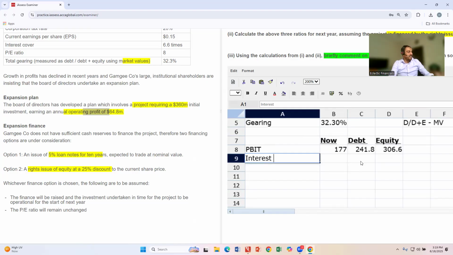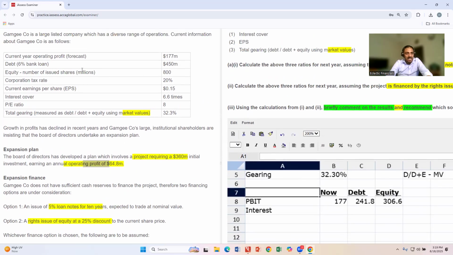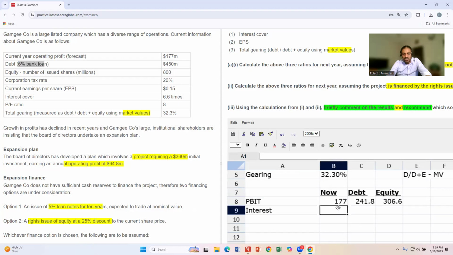Right now, the interest is on a loan of 450 million, a bank loan at 6%. So it is equal to 450 into 6%. But with the equity finance, the interest remains the same. That's 27.